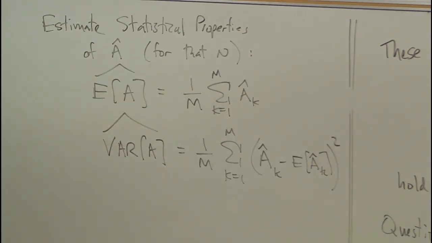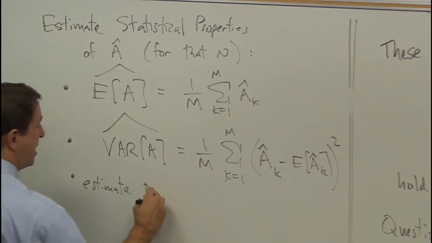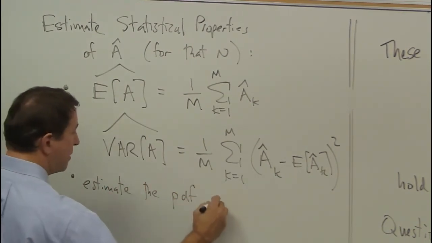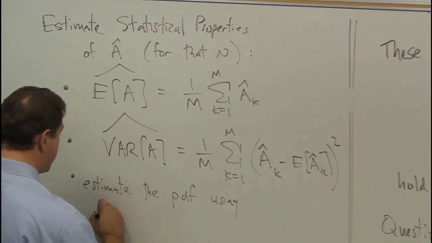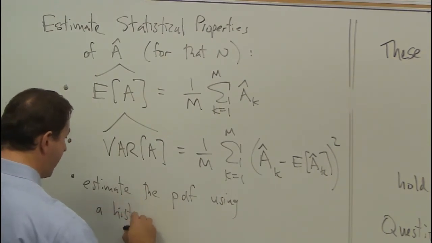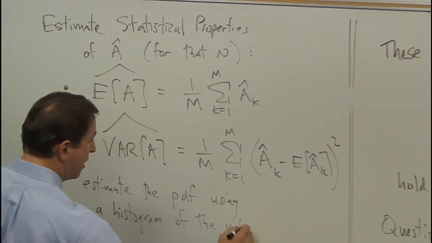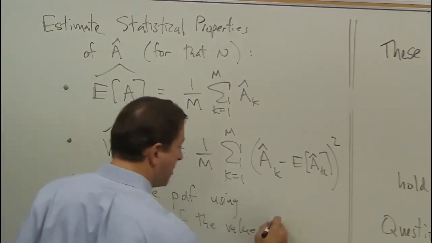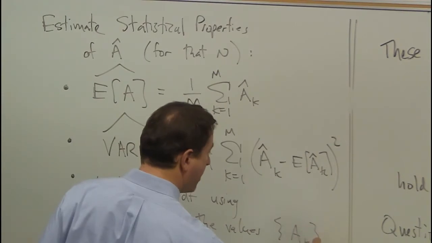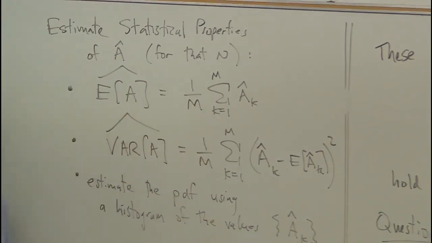Okay. All right. And we can estimate the PDF using a histogram of the values of all these A hat k's.